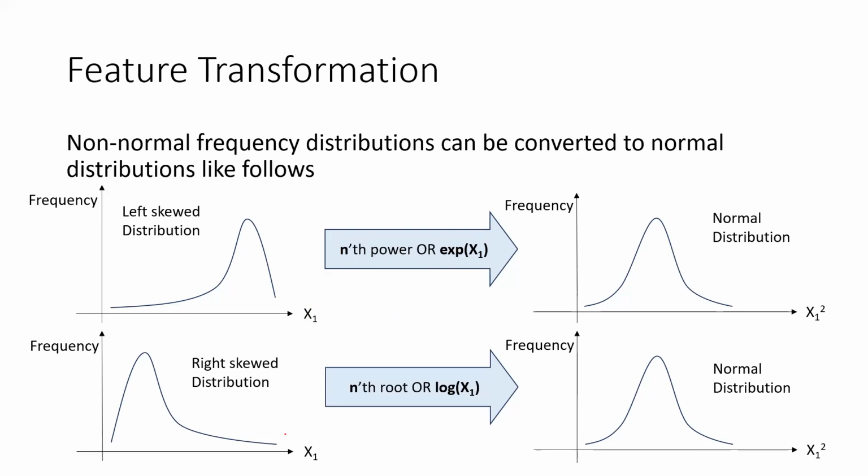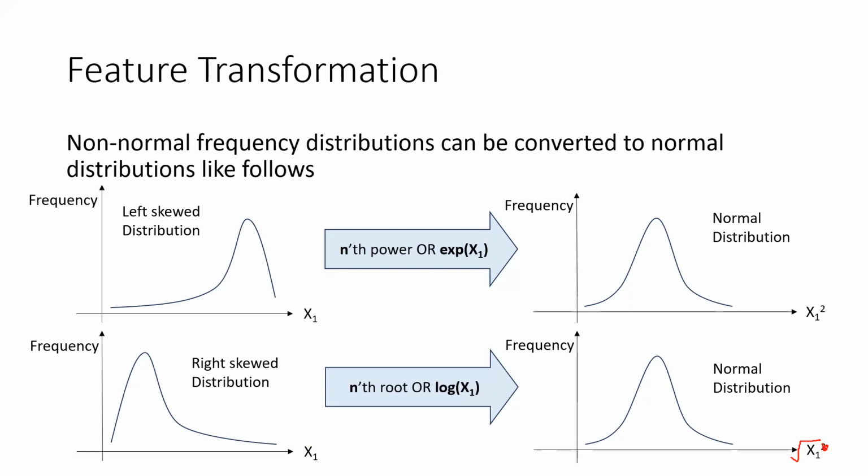If it is a right skewed distribution, you can use a lesser power, that means nth root. Actually this is not x1 square, it should be something like this, so that was a mistake, right?